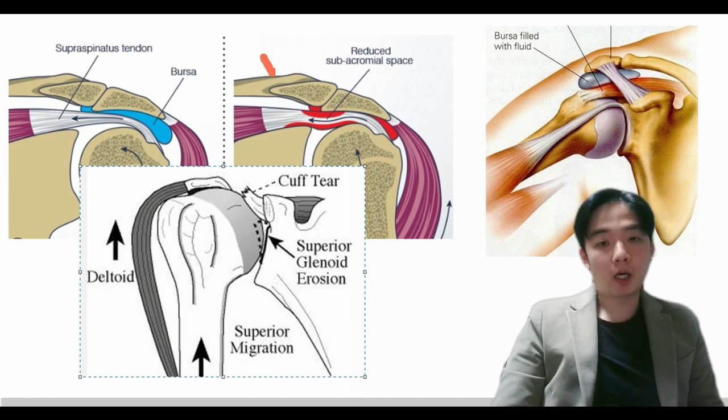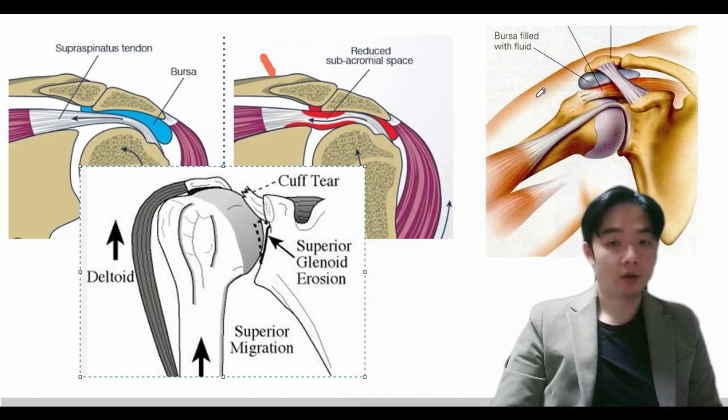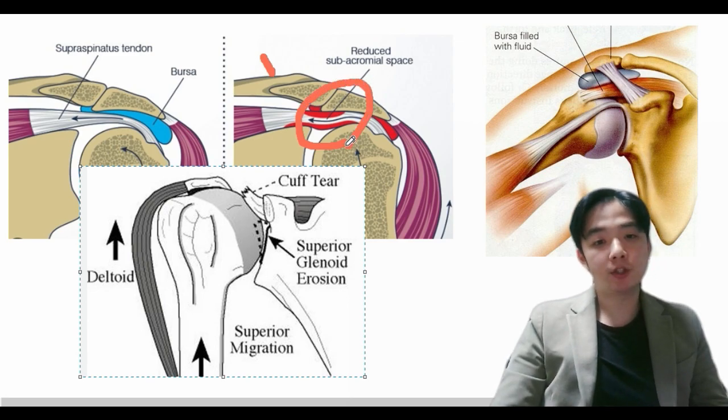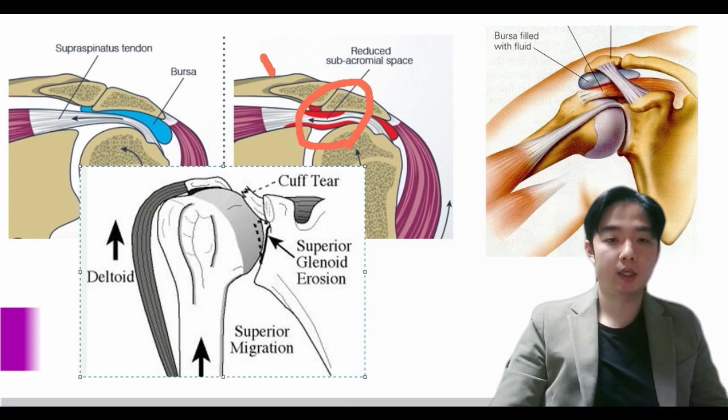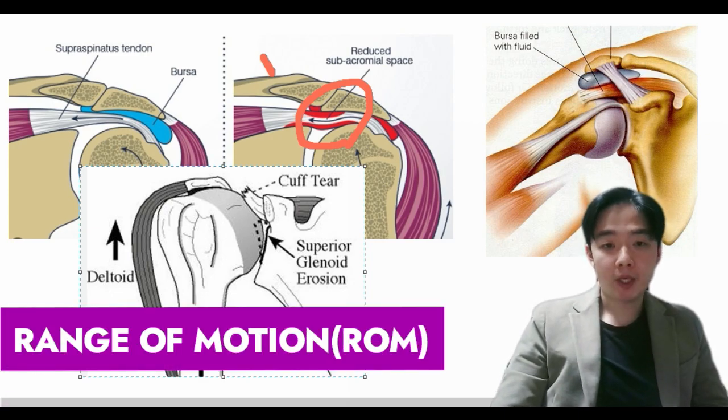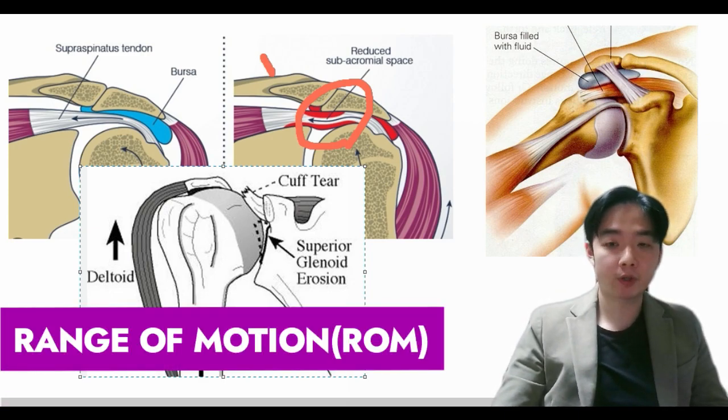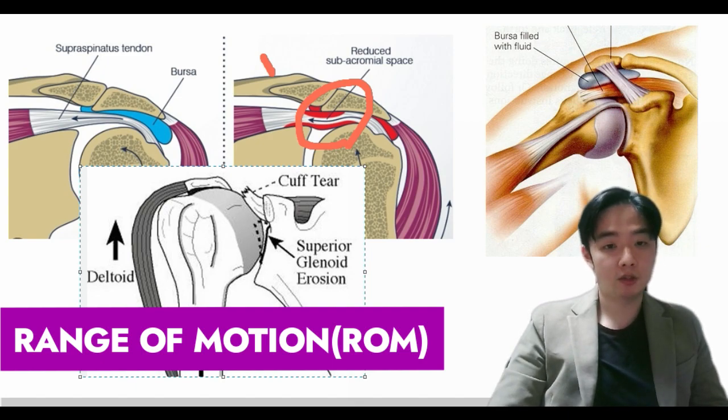Well, due to problems such as impingement or trauma to the tendon, the muscle's range of motion, which is called ROM, decreases slowly, and at some point, patients escape from pain provocation movements, leading to the functional deterioration of affected muscles and the overuse of unaffected muscles.